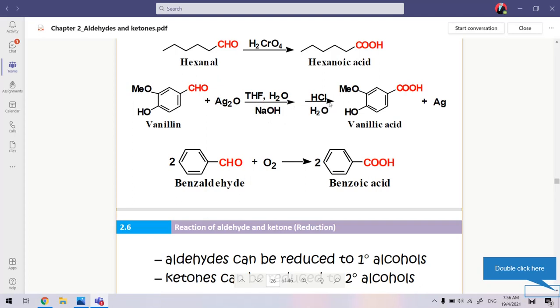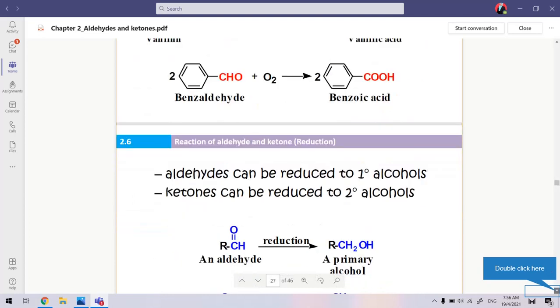And after that, react with hydrochloric acid in the presence of water to produce carboxylic acid. And here you have an aldehyde group oxidized by using oxygen to produce carboxylic acid.